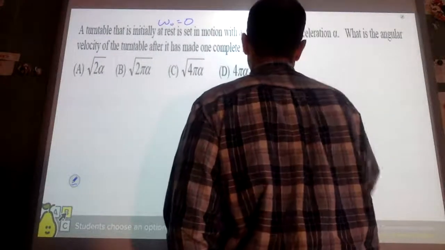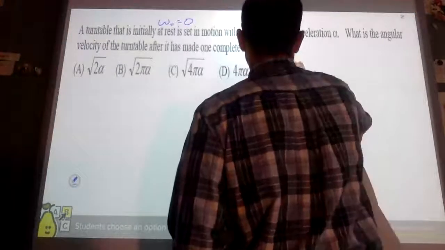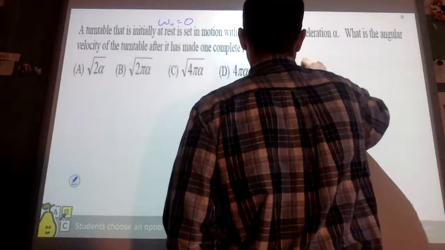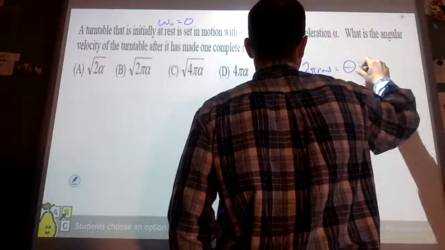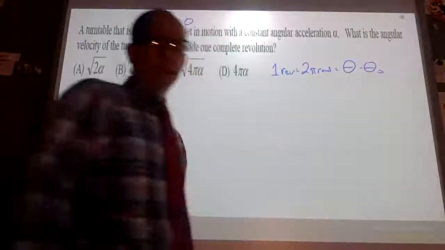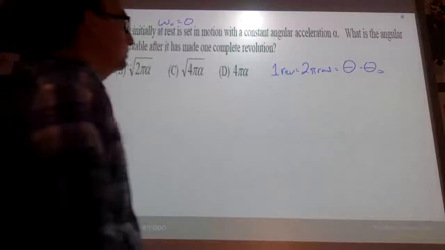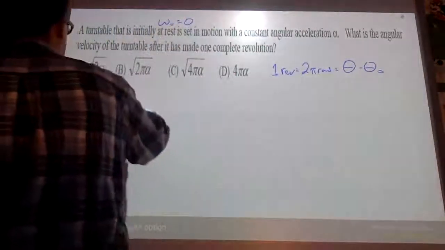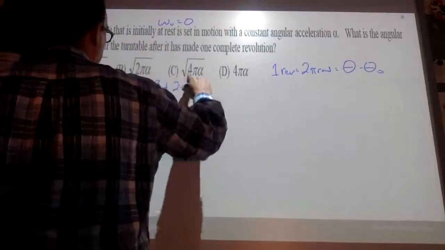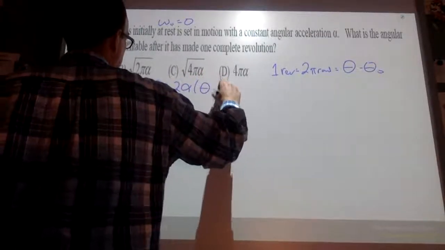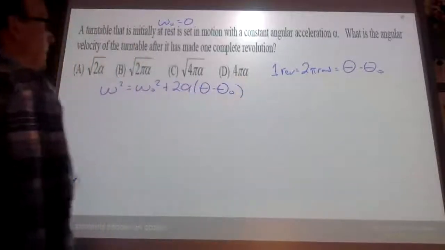One revolution is 2 pi radians. That's going to be my theta minus theta naught. And I'm going to say that omega squared equals omega naught squared plus 2 times alpha times theta minus theta naught.